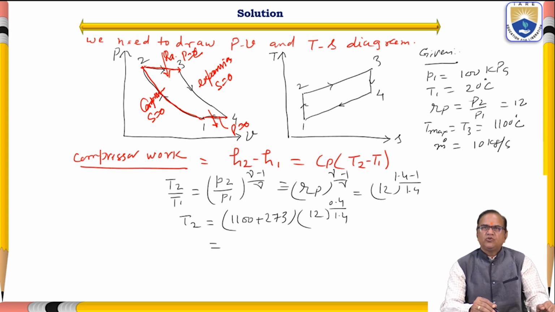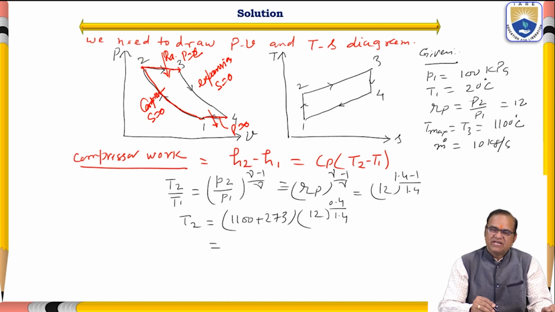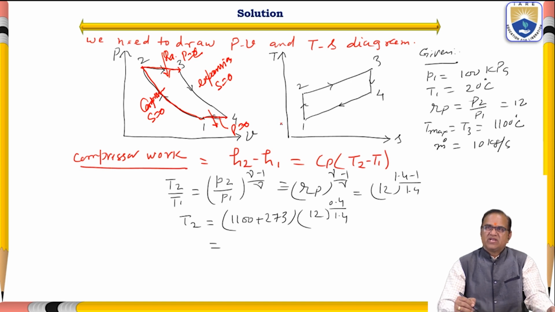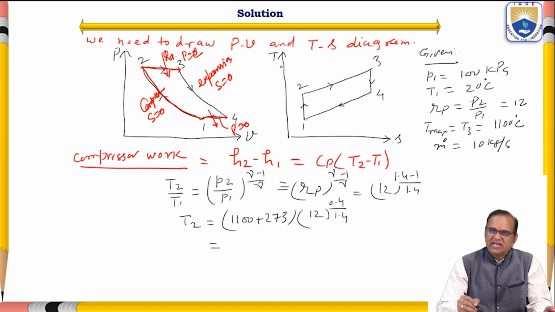So 1 to 2 is compression, reversible adiabatic. 2 to 3 is heat addition at constant pressure, isobaric. 3 to 4 is expansion, reversible adiabatic or isentropic, and 4 to 1 is heat rejection at constant pressure. In the TS diagram also we can see that it is an adiabatic or isentropic process.